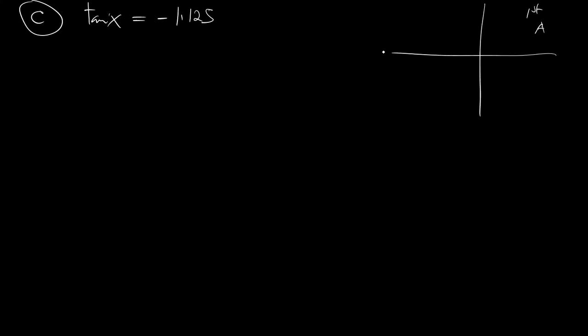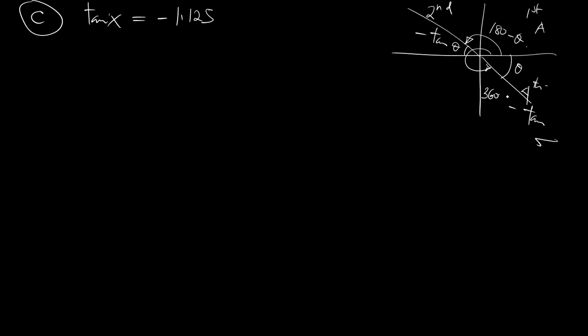Tan is negative at the second quadrant and also negative at the fourth quadrant. So the reference angle here is 180 minus theta, where here is theta. Then the reference angle for this one is 360 minus theta.